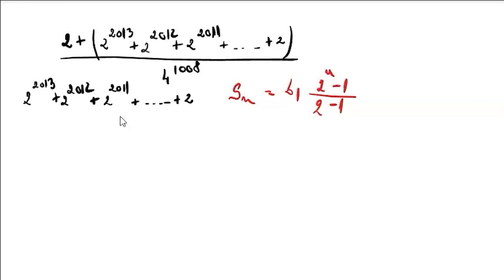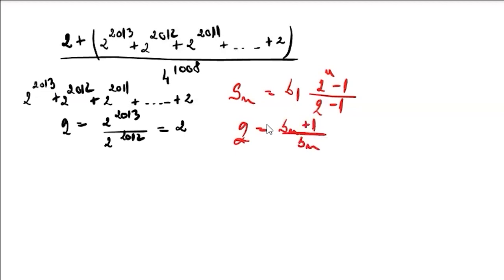In our case, q equals 2^2013 over 2^2012, which equals 2, meaning the geometric progression ratio formula, which is q equals b(n+1) over b(n), where b(n) means the first term, the second term, and so on.